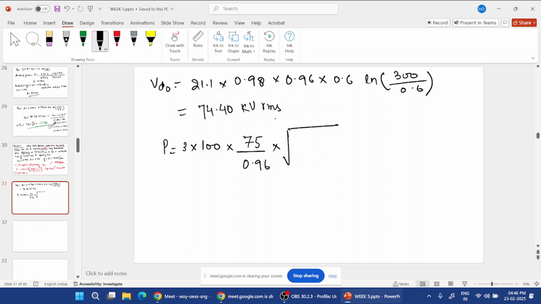What is r here? Here r is 0.6 divided by the spacing, 300. V phase is 110 divided by root 3 minus 74.40, whole square, then into 10 raised to the power minus 5 kilowatt. Now calculate these values first of all.